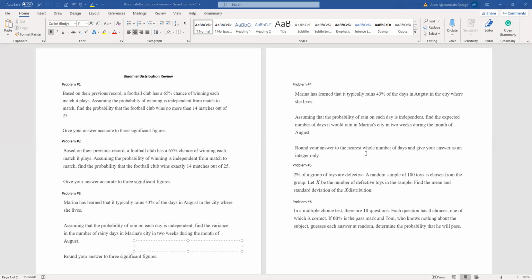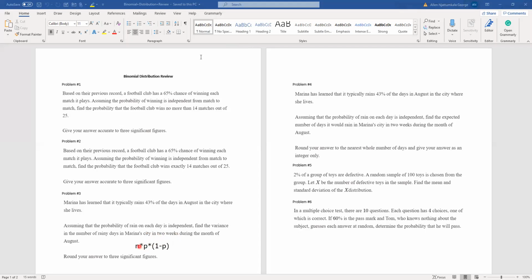Yeah. Thank you. So the formula for variance is n times p times 1 minus p. And alright, so in this case, n would be 2 weeks, or 14, because it's asking how many in 2 weeks, so 14 days.